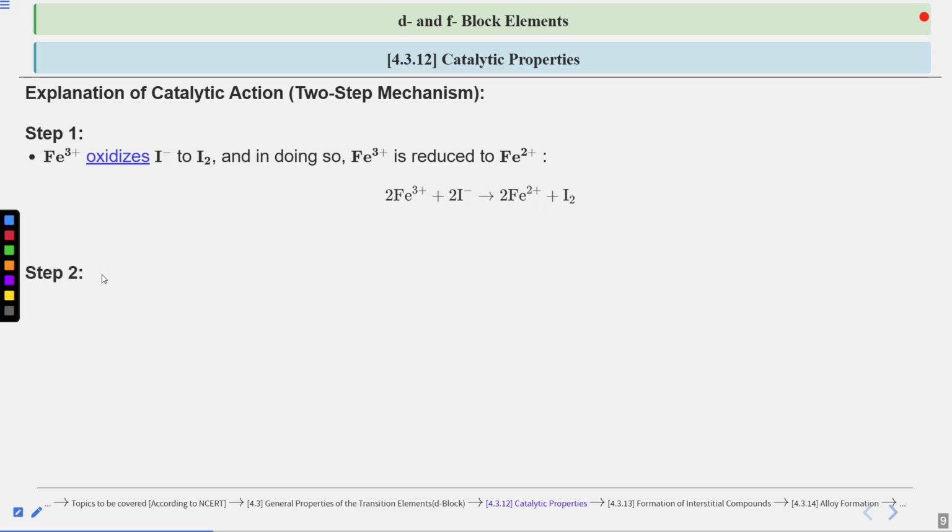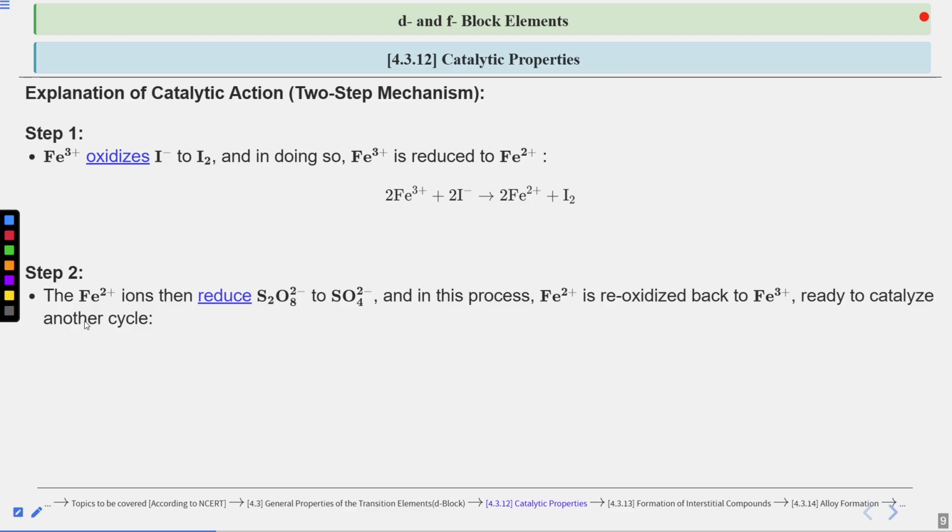Step 2 of this mechanism involves the Fe2+ ion which we just got. It reduces S2O8 2- to SO4 2-. So the iron 2+ ion is going to reduce these S2O8 2- ions to SO4 2-, and in this process the Fe2+ ion is reoxidized back to iron 3+, ready to catalyze another cycle.